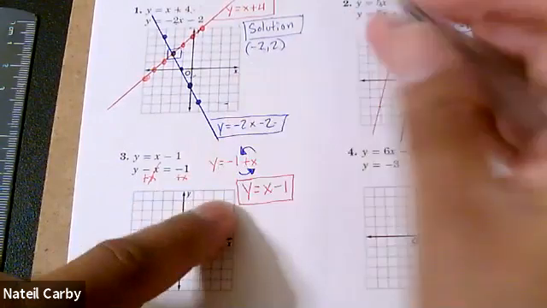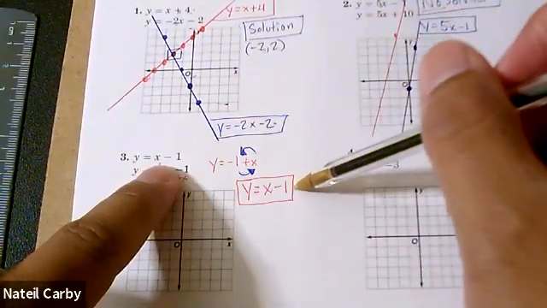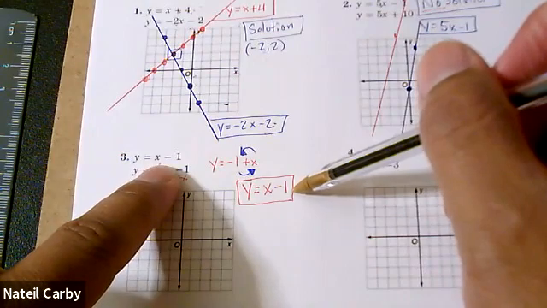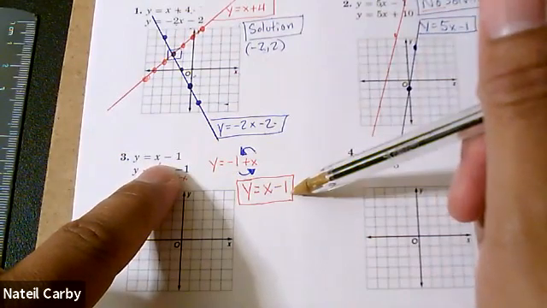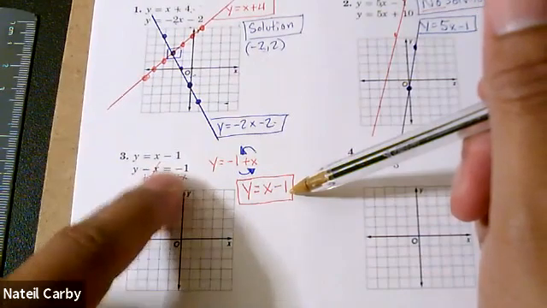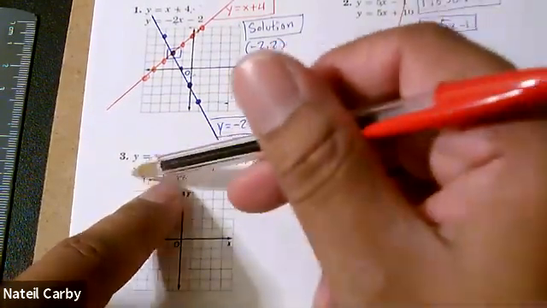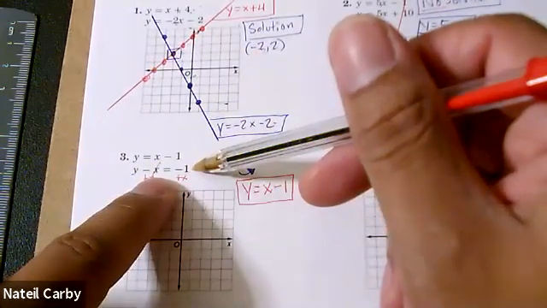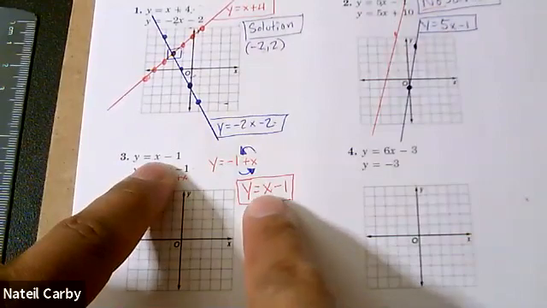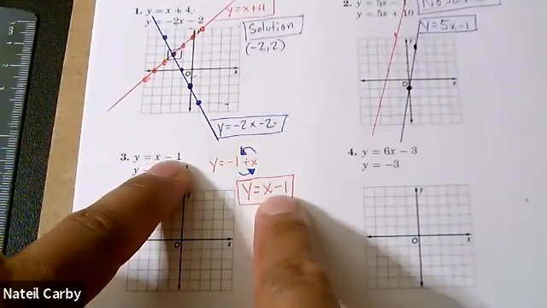Uh-oh. Guess what day it is? See, we got the same equation here. That's why it's important for you to understand how to manipulate whatever they got going on into slope intercept. So you can clearly see the slopes are the same, the y-intercepts are the same.